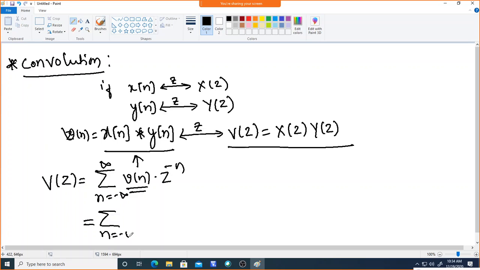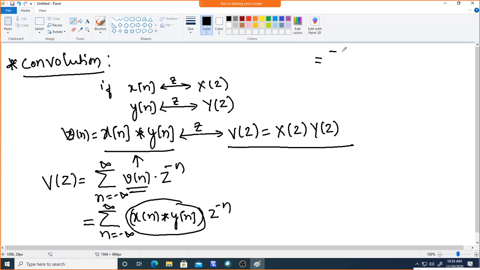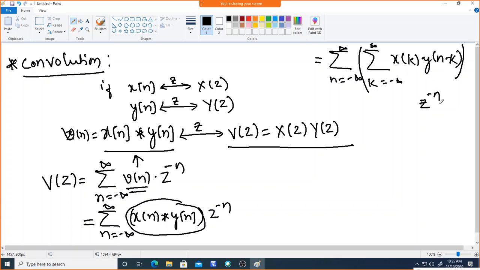We know the equation for convolution: the summation over k from minus infinity to plus infinity of x of k into y of n minus k. This is multiplied by z power minus n.